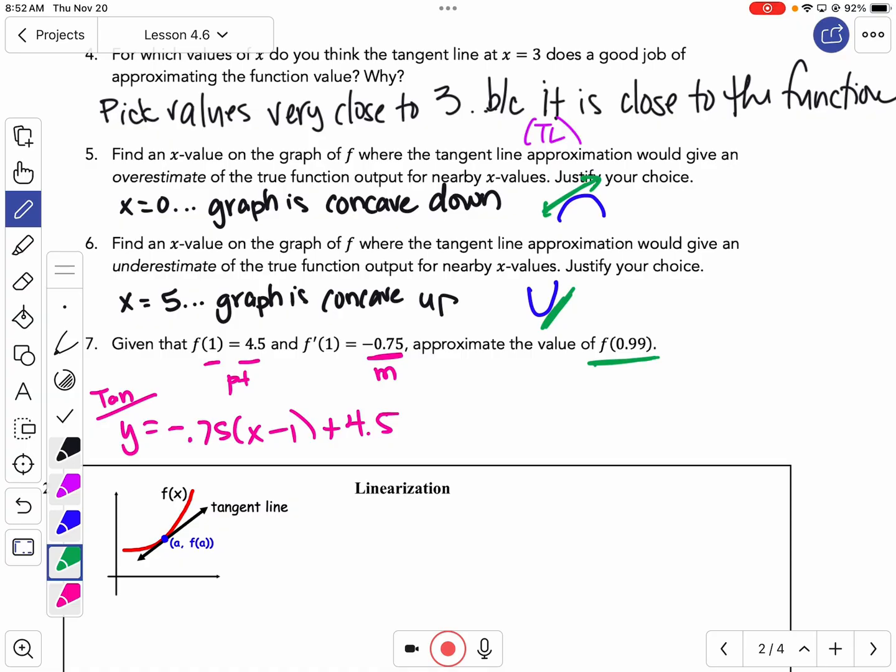To approximate f at 0.99, we're literally going to plug 0.99 into that equation we just had. So negative 0.75 times 0.99 minus 1 plus 4.5. Okay, and what'd you get?